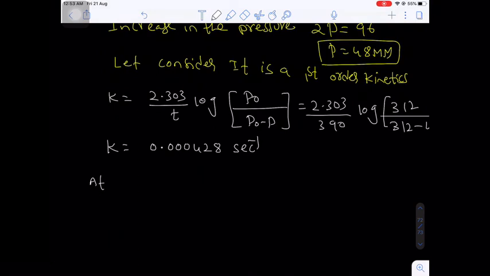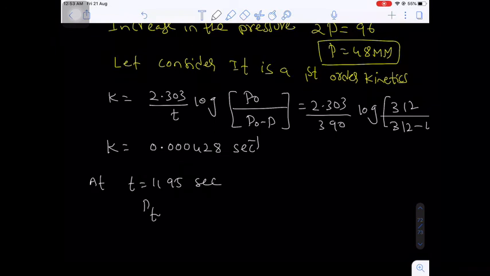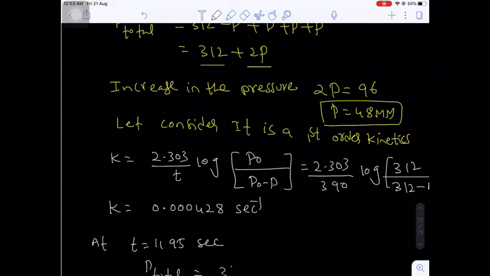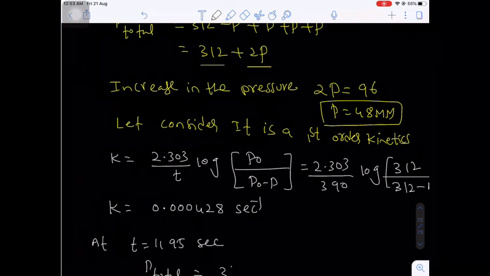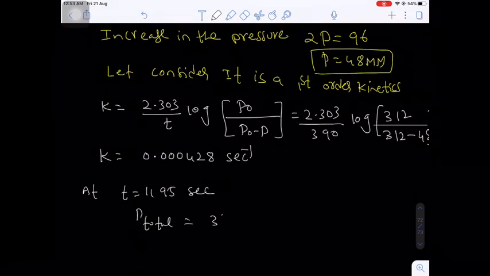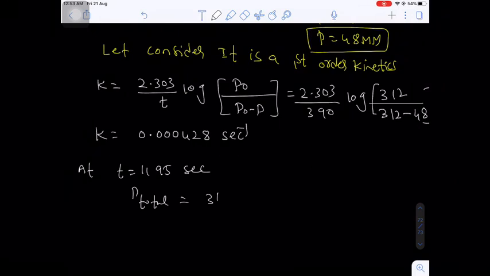Let's suppose at t equal to 1195 seconds, what will be the total pressure? Initial pressure I am taking as 312, and then it is 312 plus 2P.